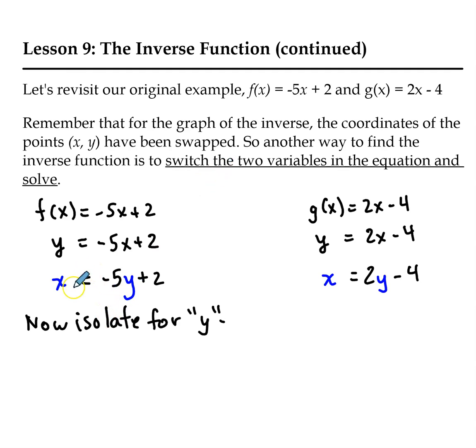If we simply switch the x and y values, so f at x is my original function, or the given, we convert it to a y value, and then we flip the x and y, and we isolate for our y.